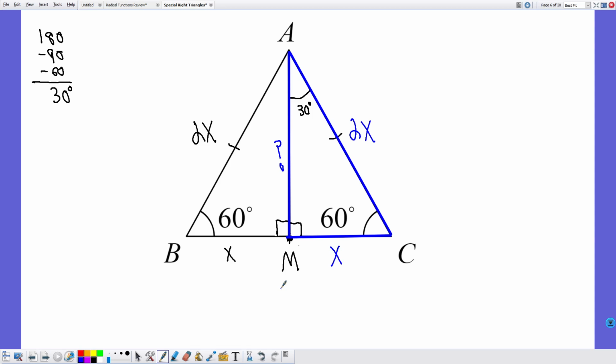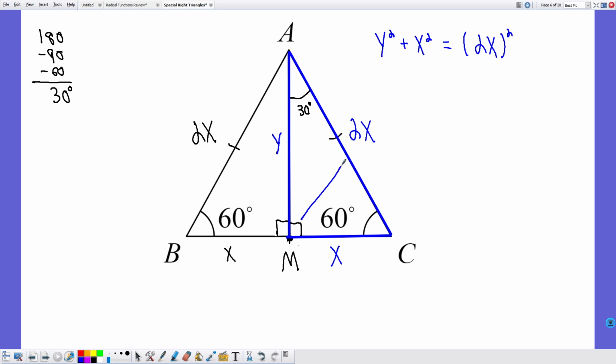Well, I can apply the Pythagorean Theorem and determine what that missing side is using the other two pieces of information we know. So, let's give this a proper variable name like y. I'll call that y. So, using the Pythagorean Theorem, I have that y squared plus x squared is equal to 2x squared.